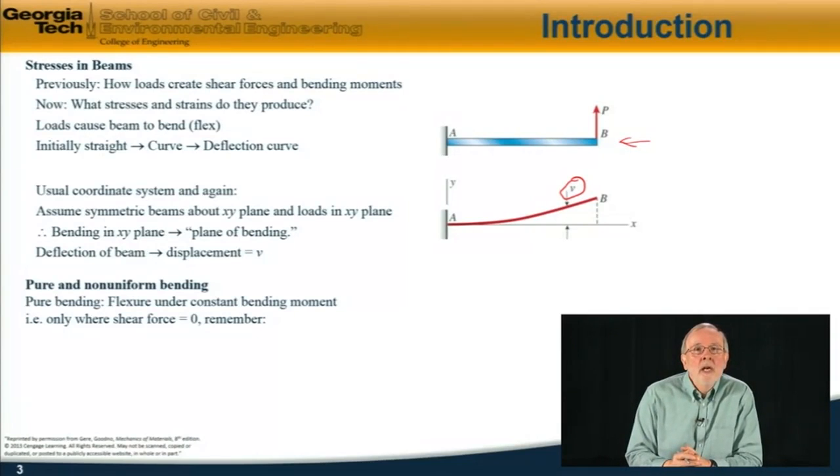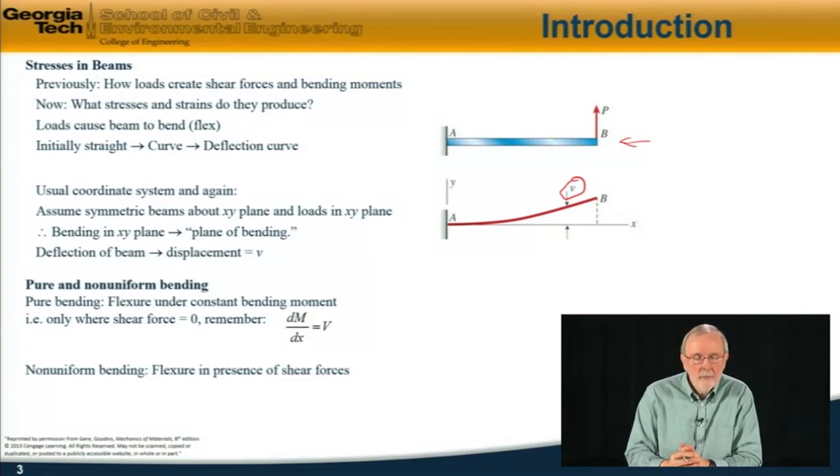In other words, this only occurs where the shear force is zero, because from our previous discussion we saw that dM/dx is equal to V. So therefore, if there's no shear force, then the bending moment is constant. On the other hand, non-uniform bending refers to flexure in the presence of shear forces. In other words, where the bending moment is not constant.